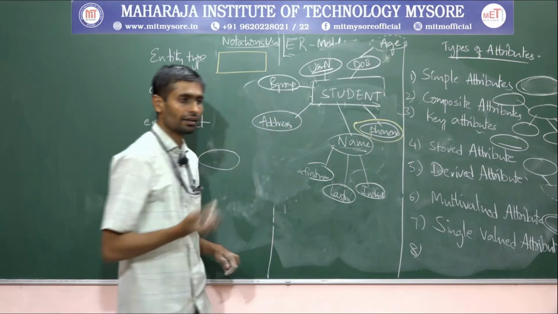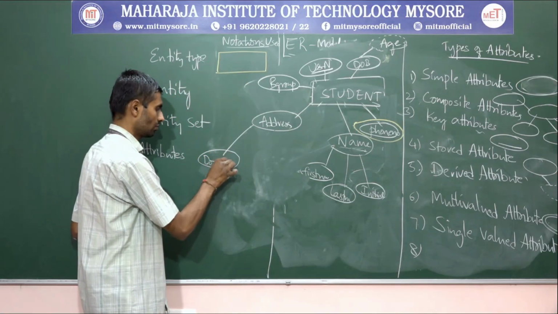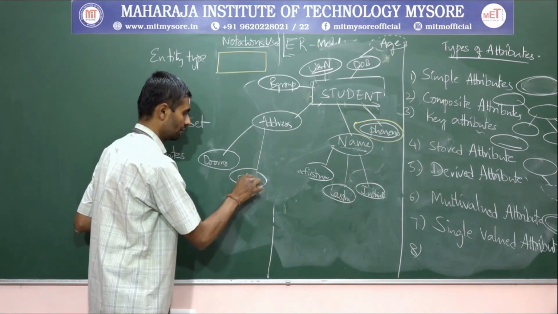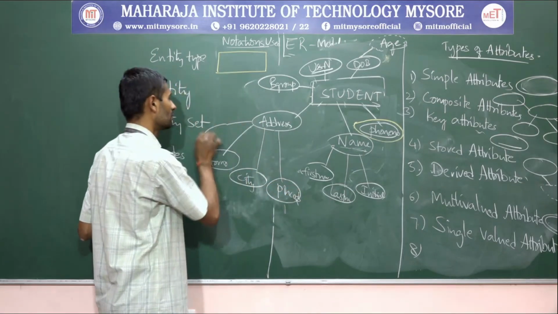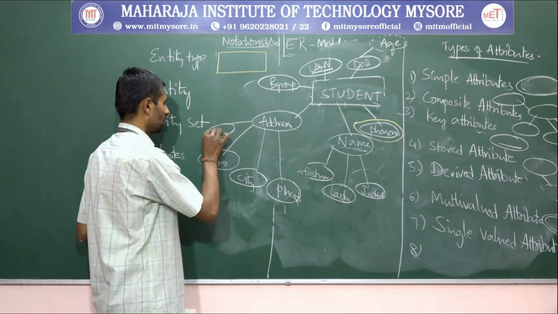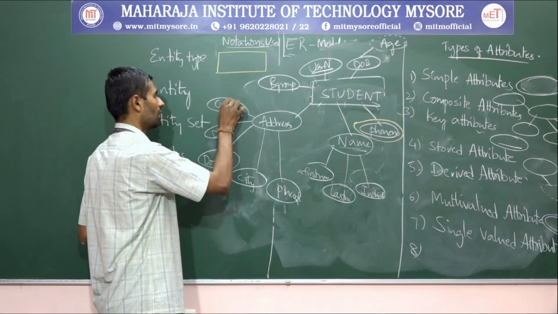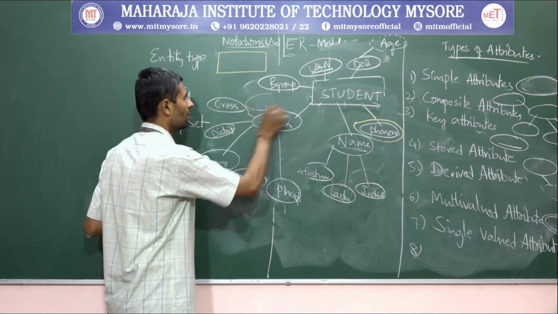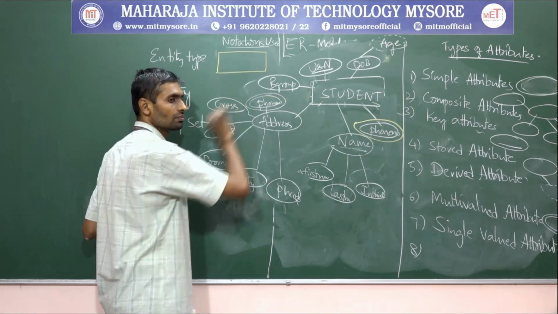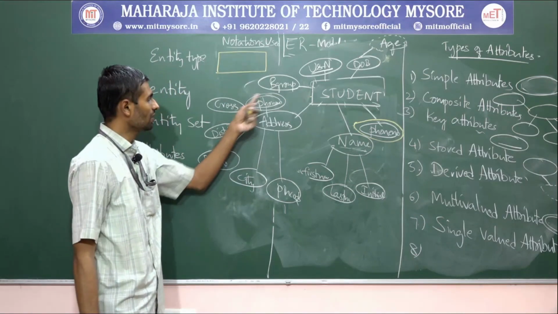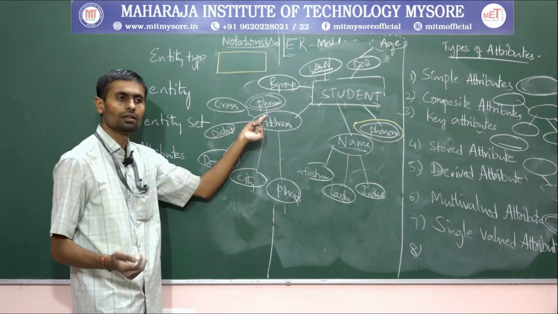A person has written an address in such a way that it contains the door number, city, pin code, district, cross, and along with that has written a phone number. Multiple phone numbers, let us assume. Multiple phone numbers are always represented with the double oval symbol, that means the multi-valued attribute notation.